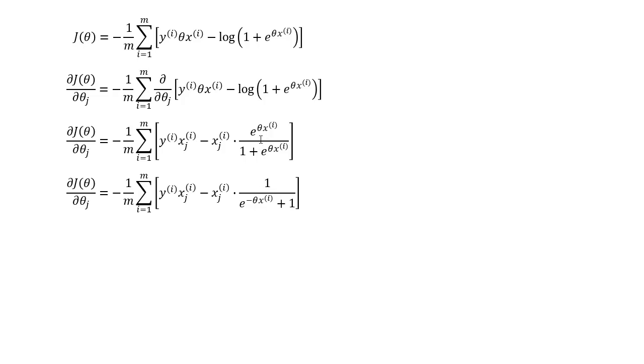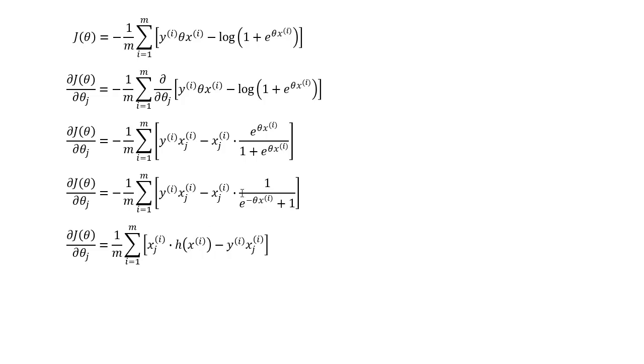If I divide the top by e to the theta x_i, I get a 1. If I divide 1 by e to the theta x_i, I get e to the negative theta x_i. And then if I divide e to the theta x_i by itself, again, I get another 1. So this term right here becomes 1 over e to the negative theta x_i plus 1. All right, here we go. We're getting there.